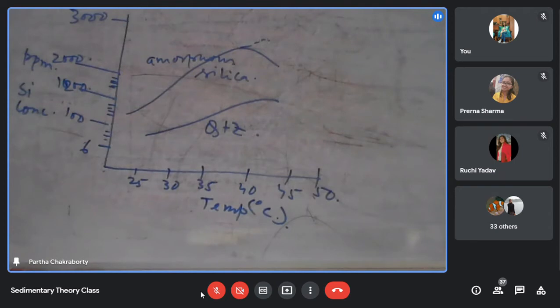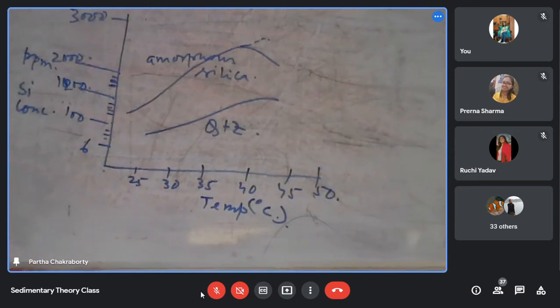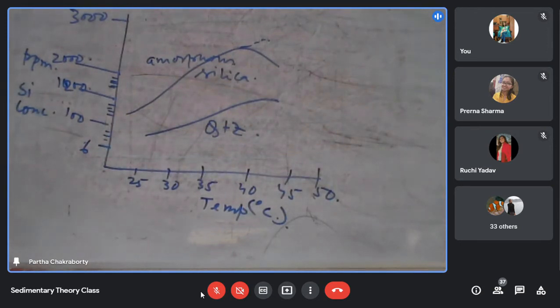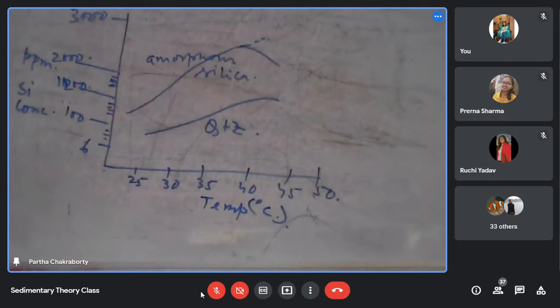So with respect to temperature also, the solubility increases. So two things I have discussed: the solubility increases with temperature, and solubility increases after a pH of 9. And these two do not allow large-scale inorganic precipitation of silica. The major cause of course is the marine water pH.